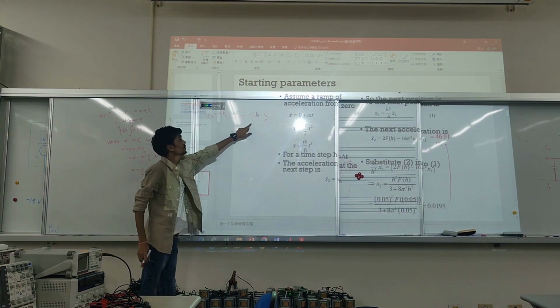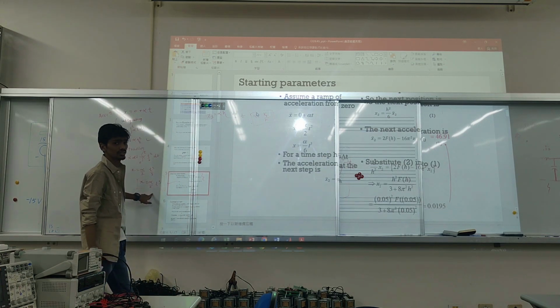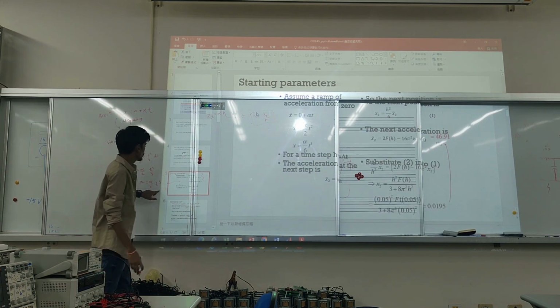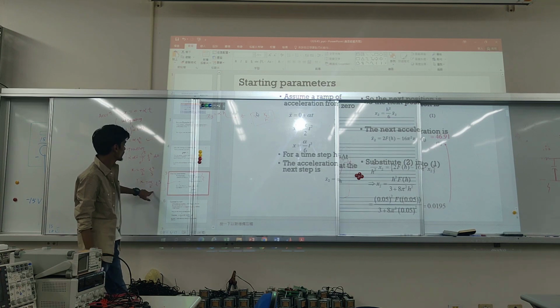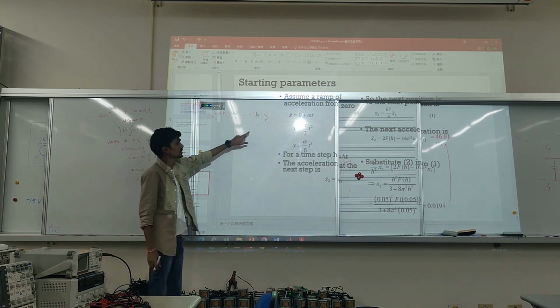So this alpha we can put it here. From this we are getting the displacement at time step of h.